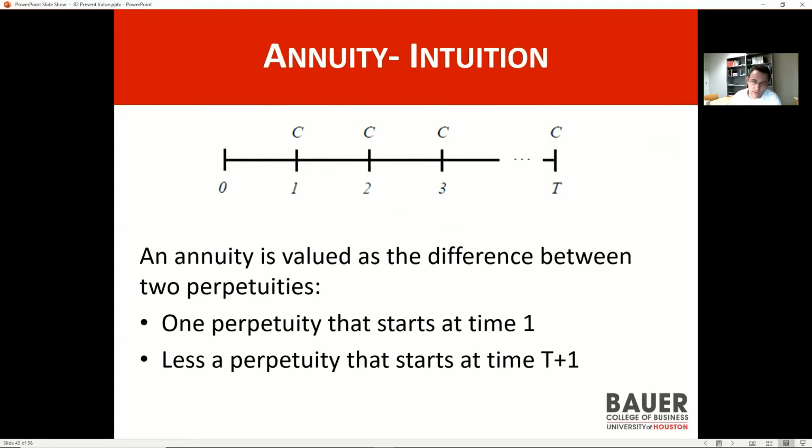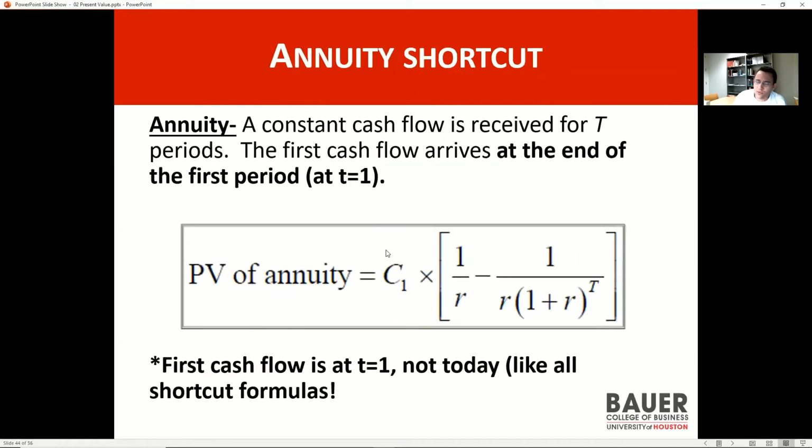The perpetuities have different starting dates, but they're just perpetuities. And we know that perpetuities are very easy to value. So if you calculate the present value of these two perpetuities and take the difference, you're left with the annuity formula. And that's where this annuity formula is coming from. I work out how you can derive this formula in the text that I posted on Teams. Don't worry about the derivation.